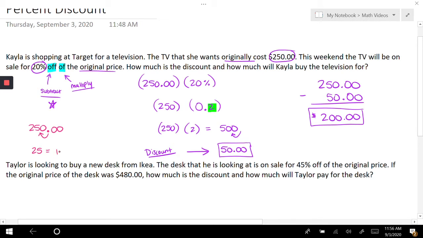So 25 is 10%. So if I wanted to get 20%, I'm just going to double that, which is going to get me 50, and that's my $50 discount that we found. But you can also solve it using multiplication. If you've got nicer percentages like 20%, 30%, 50%, you can do it this way. Other than that, multiplication with your decimal is always going to work as well.